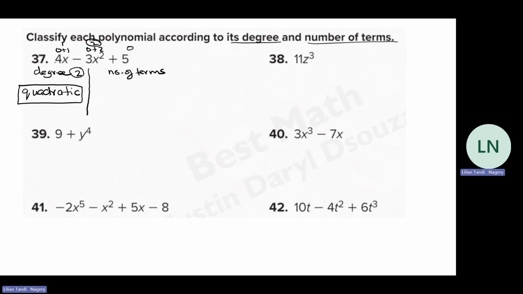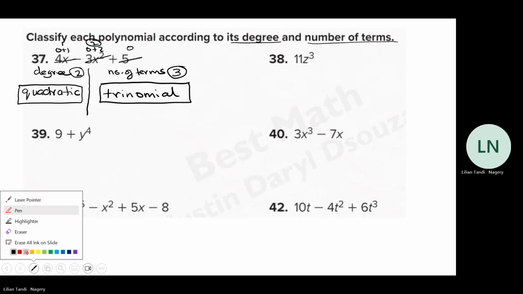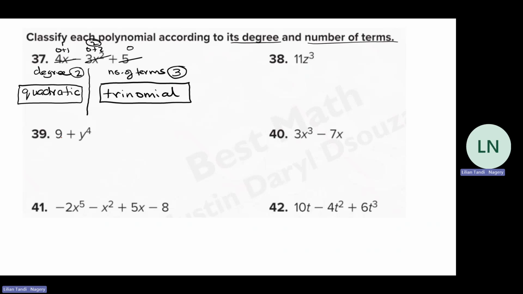Number of terms, 1, 2, 3. So you have 3 terms, and if you have 3 terms, you're called a trinomial. So this one, how many terms?